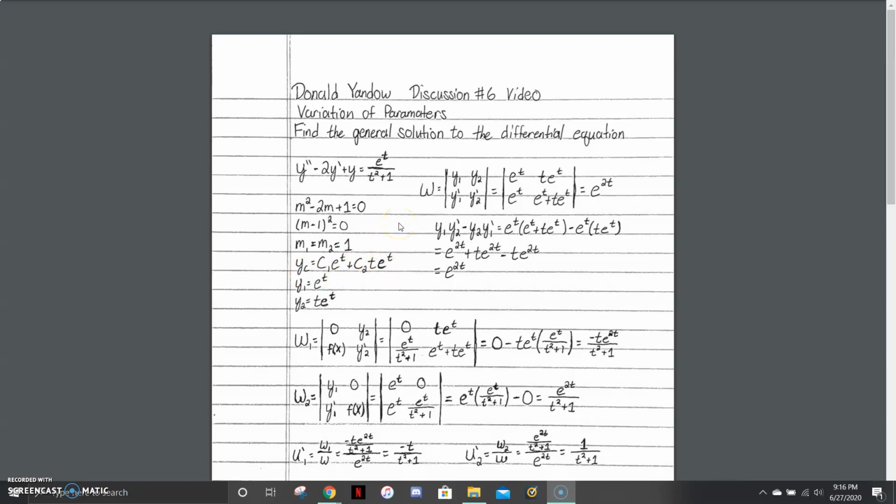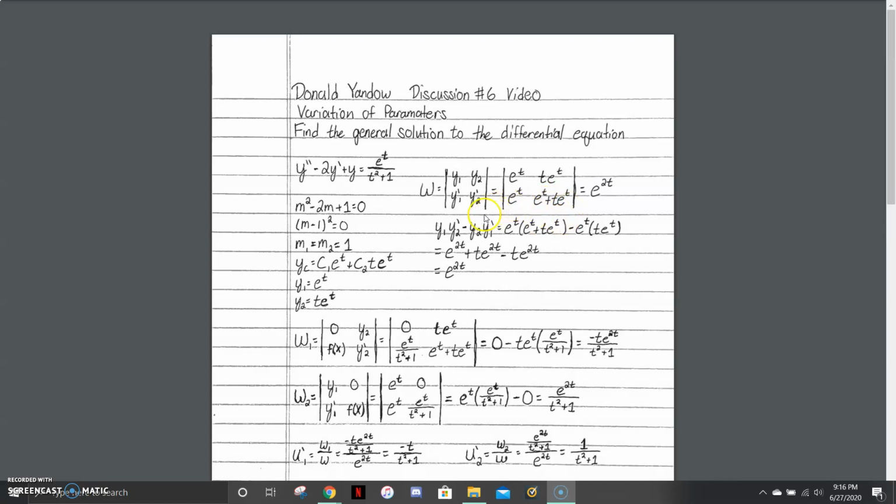So now after this, we can solve for w using our Wronskian, which is y1 and y2, and then y1 prime and y2 prime. So our y1 is e to the t, and our y1 prime is e to the t as well. y2 is te to the t, and the derivative of y2 is e to the t plus te to the t.